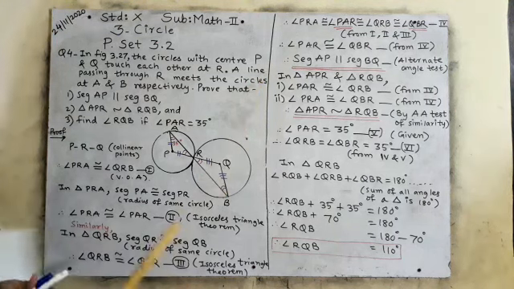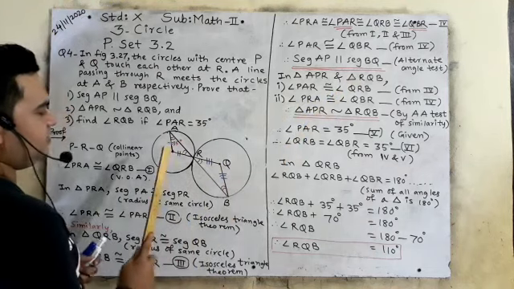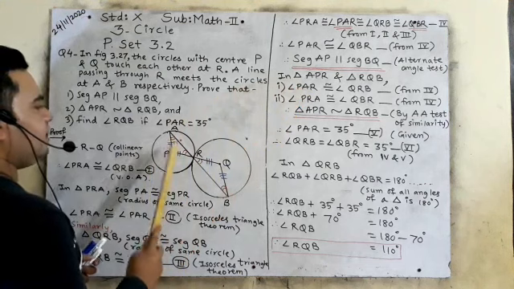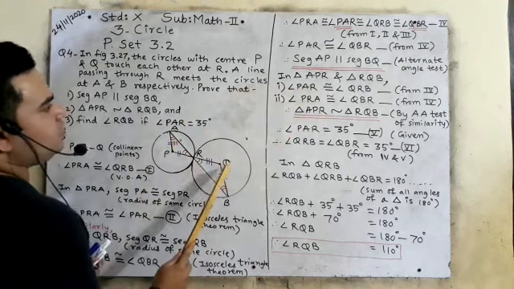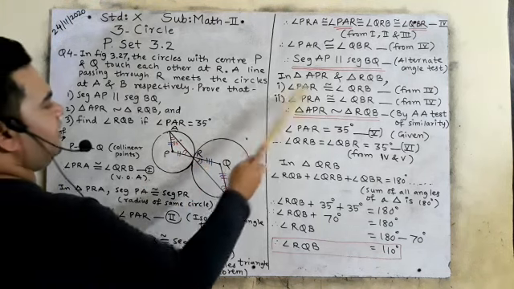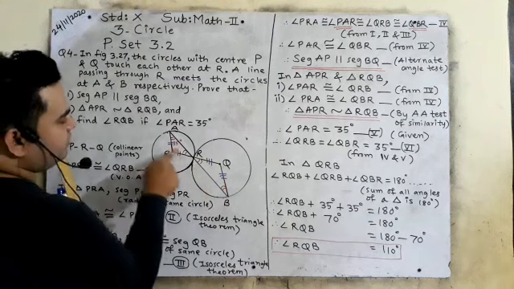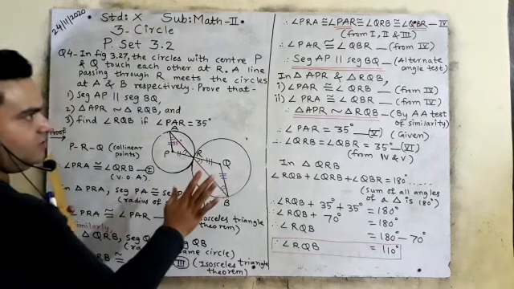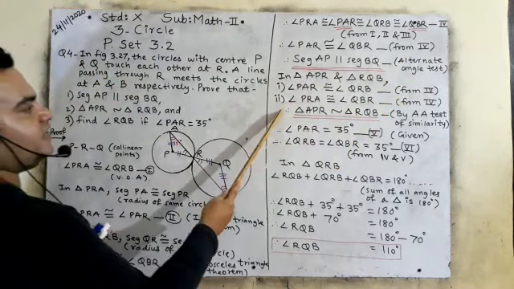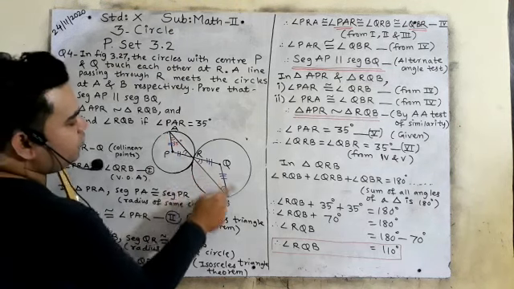Now we will take triangle APR and triangle RQB, this triangle and this triangle. First, PAR is congruent to QRB, vertically opposite angle. PAR equals QRB, this equals this and this equals this. From the fourth we came to know, second one PRA is congruent to QBR.